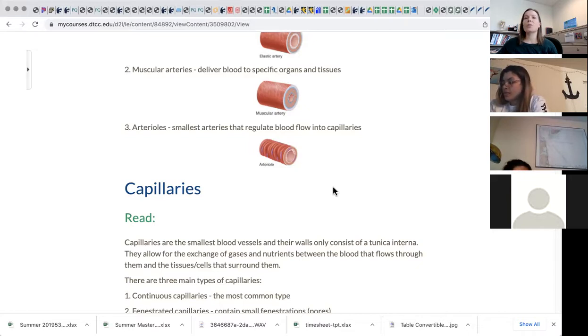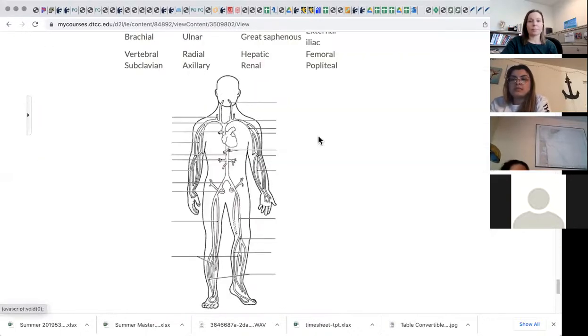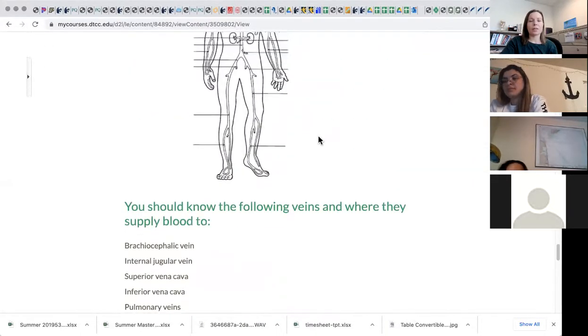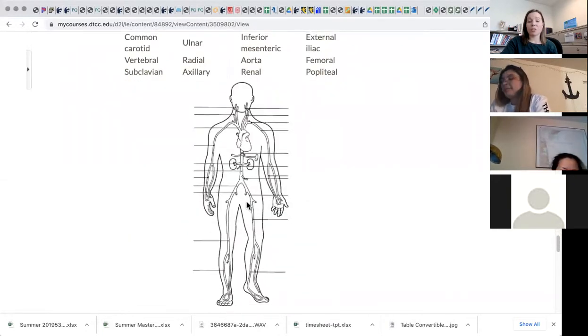Oh no, sorry. 1, 2, 3, 4, 5. There's 8 arteries. So going back here, there will be 8 arteries, and actually it's going to be from the top half of this picture. I don't have the bottom half on there. It's cut off right here. So there will be 8 arteries that you'll identify on this half of the diagram.